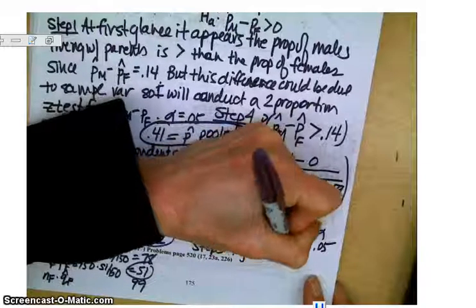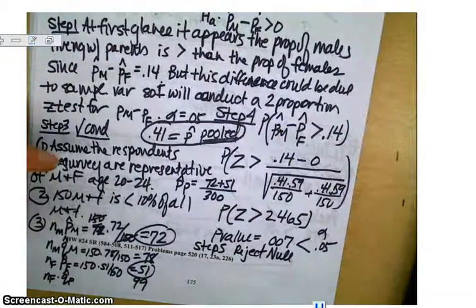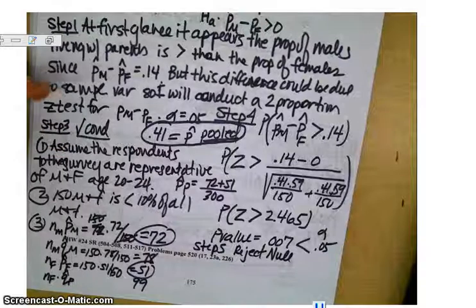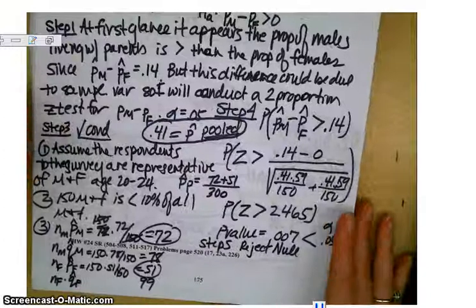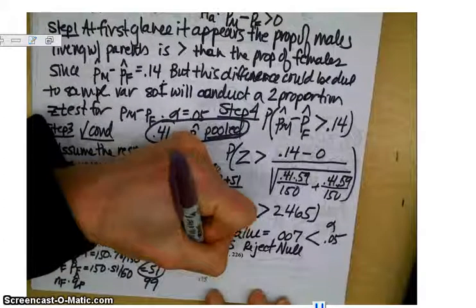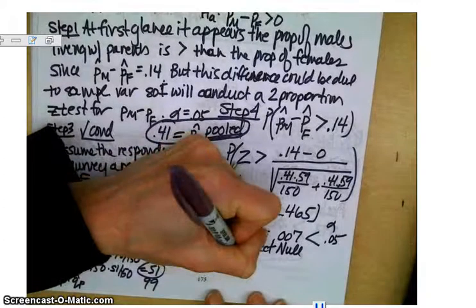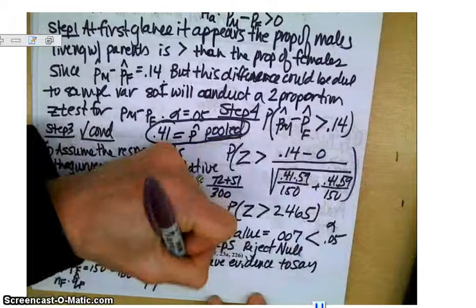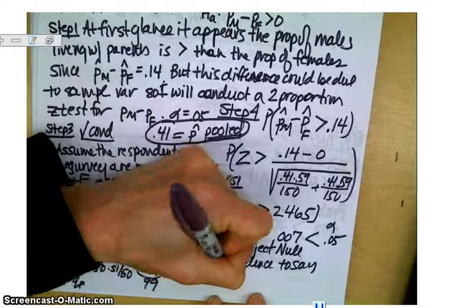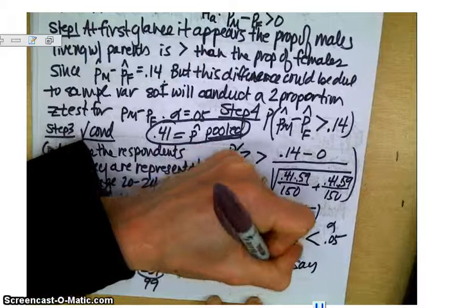And what decision are we making if we reject the null? The alternative is saying that more males are willing to do it. Okay, very good. We have evidence to say more 20 to 24-year-old males live at home.